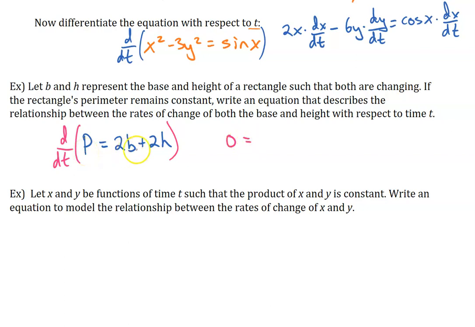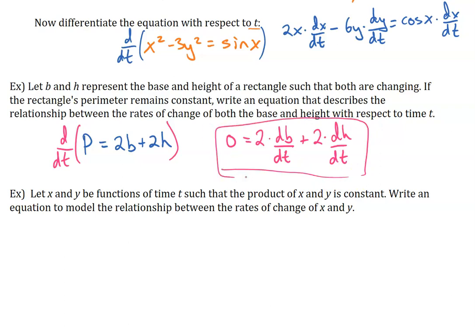And then over here, because these two are variables, the derivative of 2b is 2 times db over dt, plus 2 times, again, h is a variable, dh over dt. And this is the equation that relates the rates of change of the base and height.